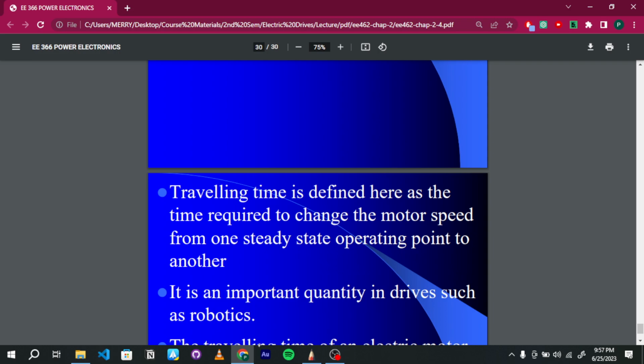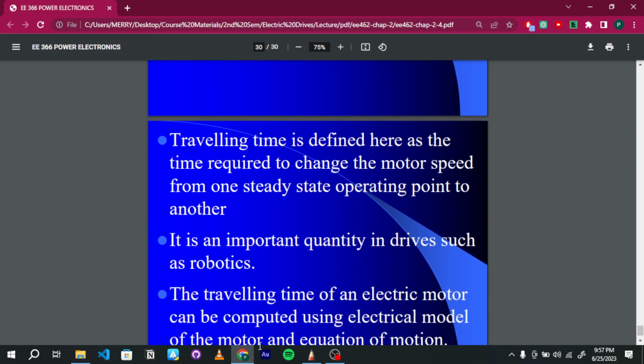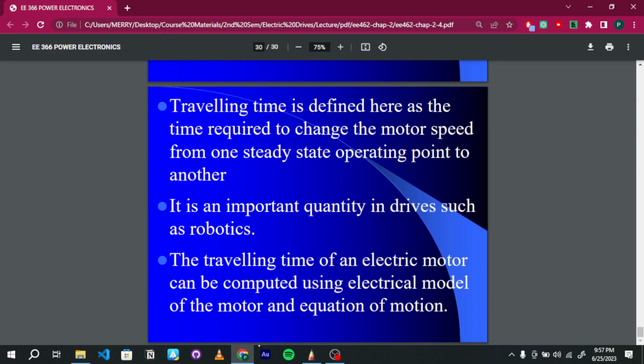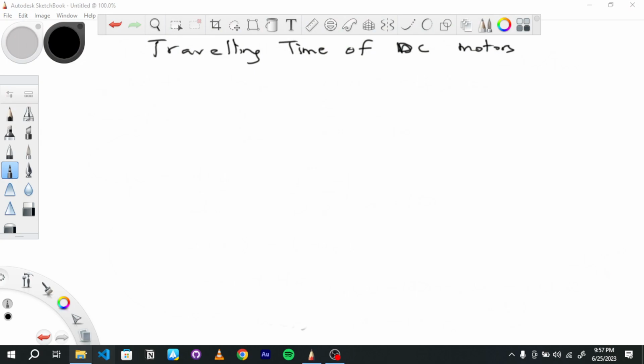It's an important quantity in drives such as robotics. The traveling time of an electric motor can be computed using the electrical model of the motor and the equation of motion.